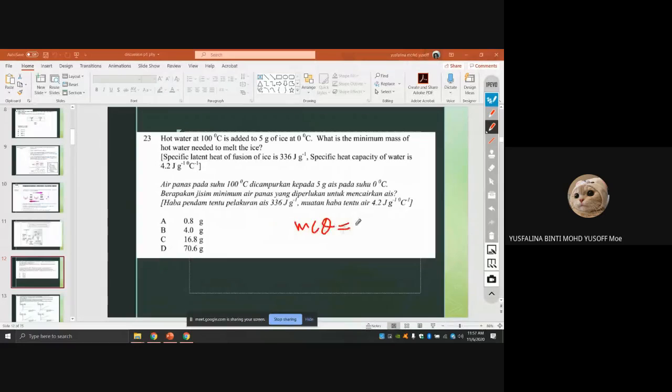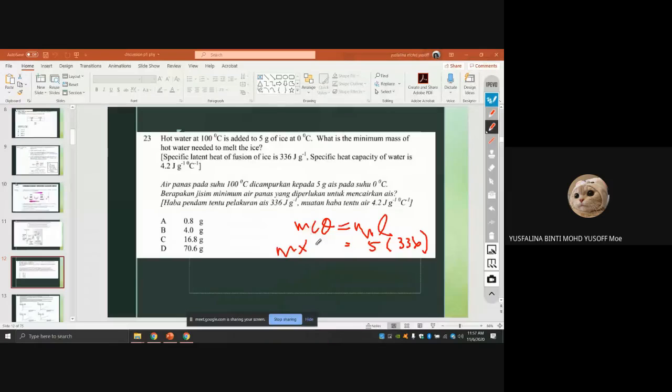mc theta is equal to ml. Hot water is added to 5 grams of ice at 0. What is the minimum mass of hot water needed to melt the ice? So the ice that will be melted is m here. L is 336, and this mass you need to find.